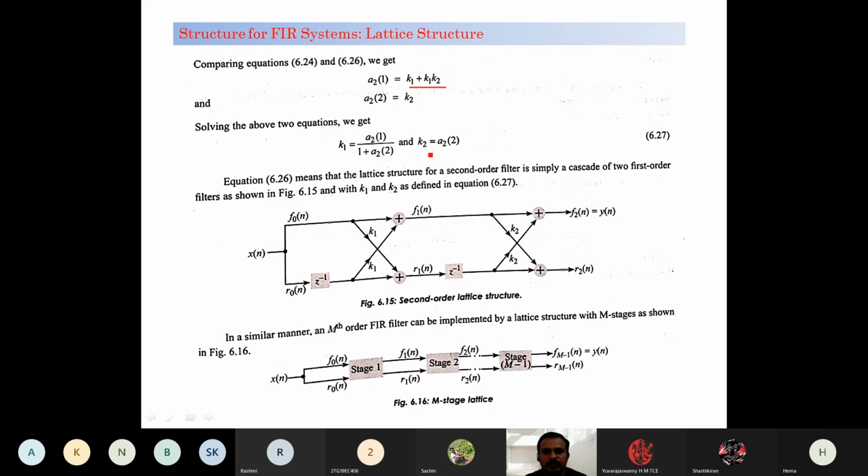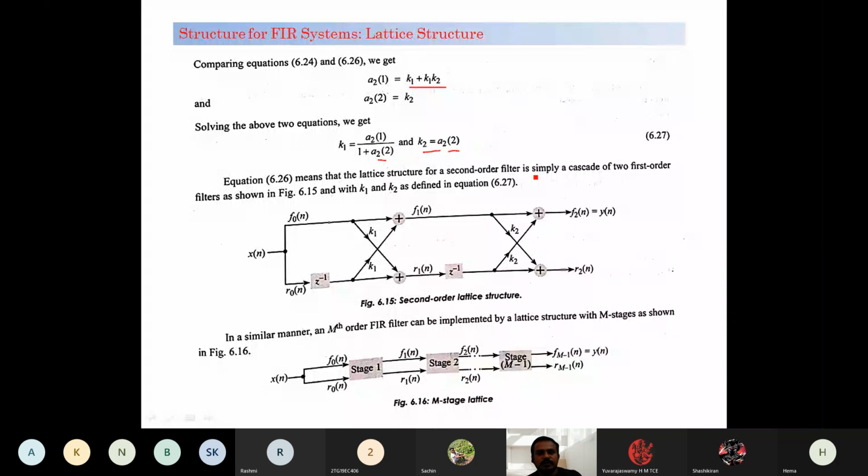So k1 is the coefficient of the first element a2 of 1 divided by 1 plus the coefficient of the second element, that is a2 of 2. What about k2? K2 is nothing but the coefficient of the second element, that is a2 of 2.